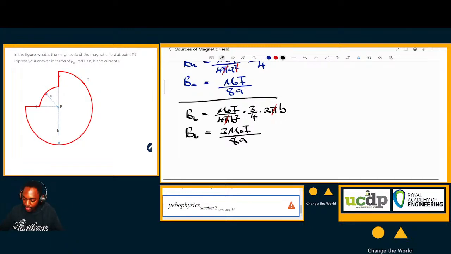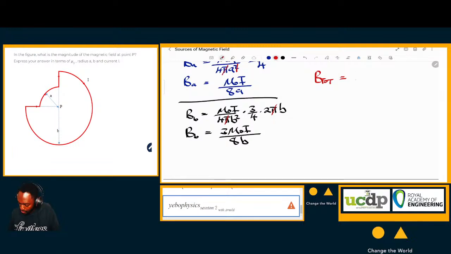If you do the maths there, then like I said, it's not a, it's b. Okay, so like I had indicated earlier, the B total will be the sum of the two.